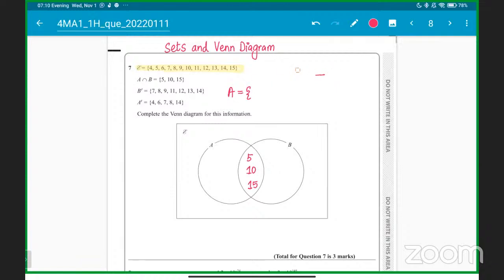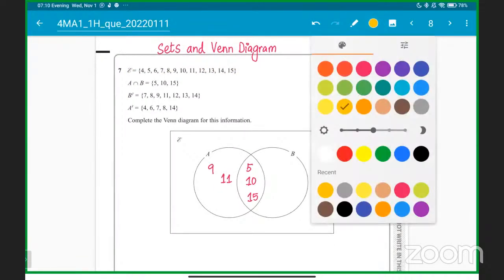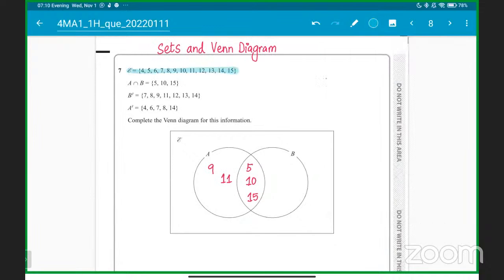So we compare the universal set with A complement 4, 6, 7, 8, 14.